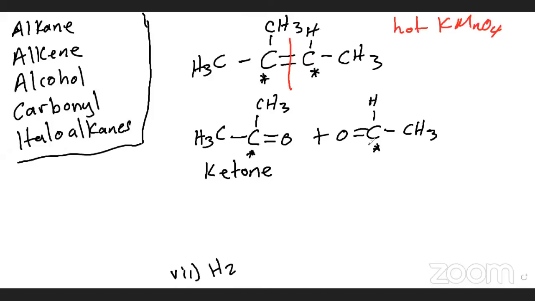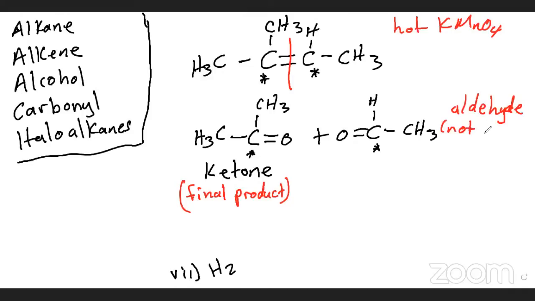So this is not your final product. So for the ketone, let me just make a note. When you get a ketone, that is the final product. When you get the aldehyde, not final.